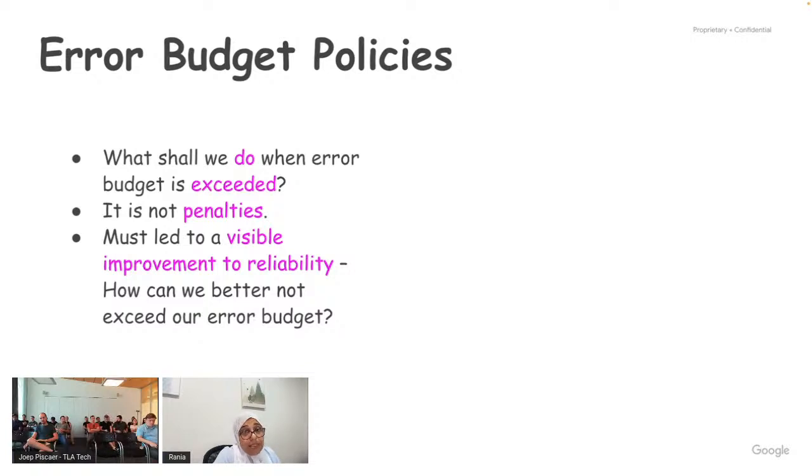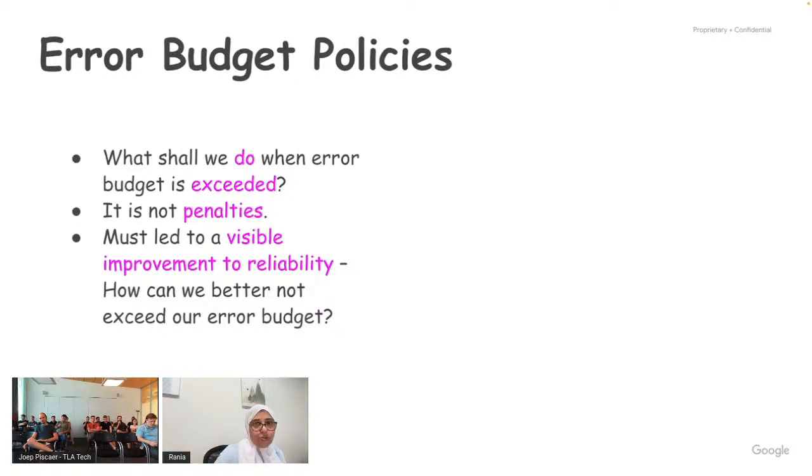And it must be a visible improvement to the reliability. It's not something like, I'm going to add more resources, for example. No, this is not a visible improvement to the reliability, okay?